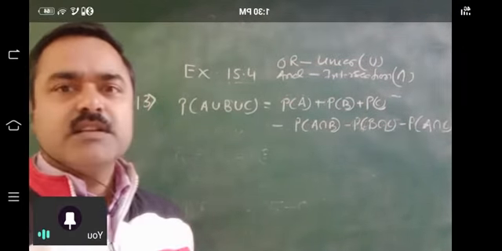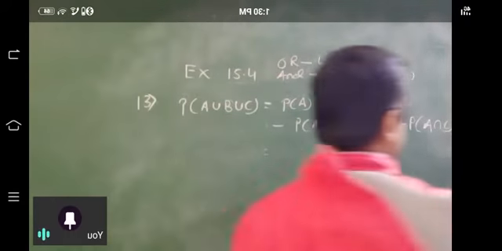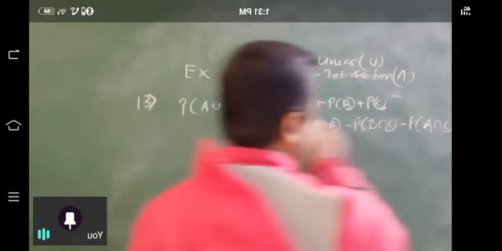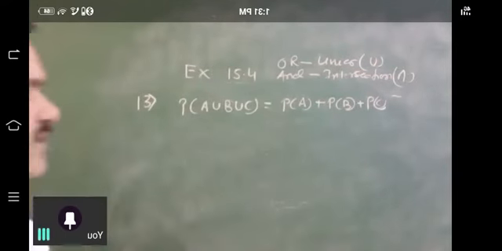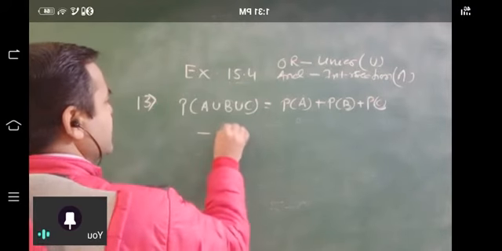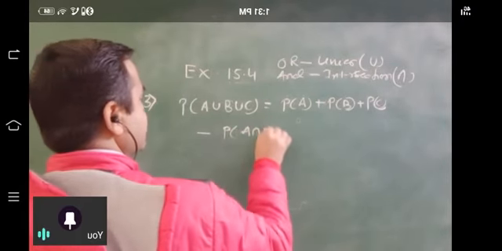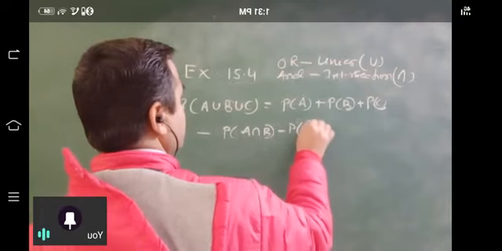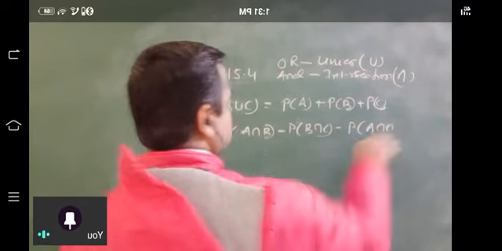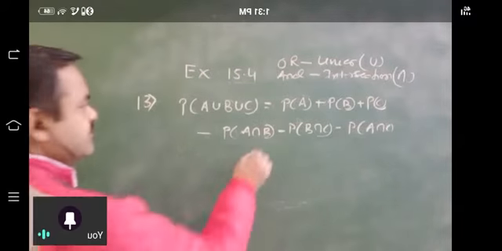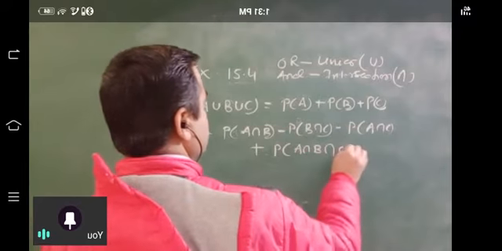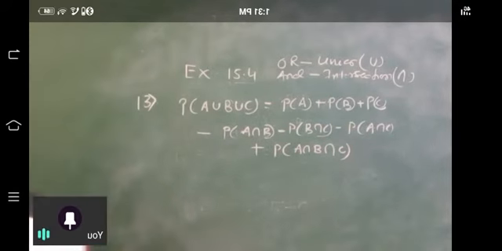All of you know this. Let me write it here, it may not be visible yet. Probability of A plus probability of B plus probability of C minus probability of A intersection B minus probability of B intersection C minus probability of A intersection C plus probability of A intersection B intersection C, you know very well.